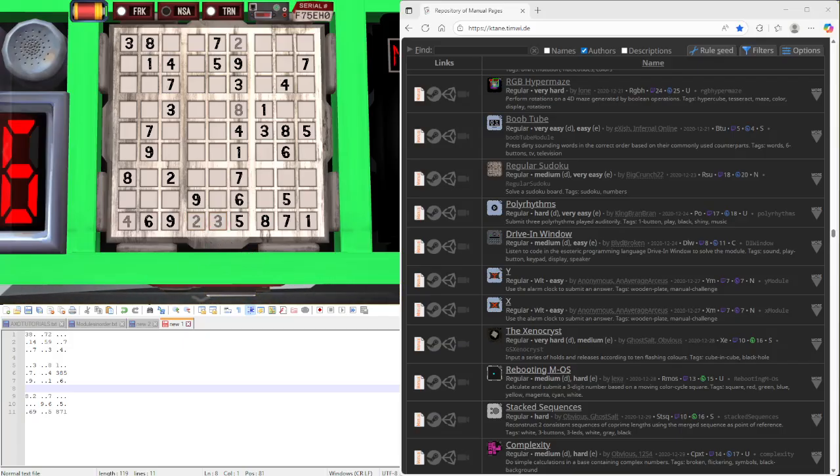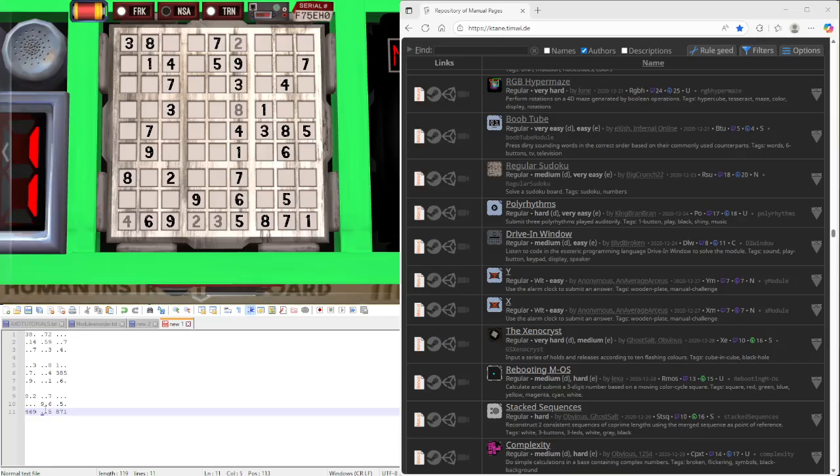So one orientation, something like this. 1, 4, 8. This is going to be 1 or 4 in some sort of permutation. I think this one has to be 8.